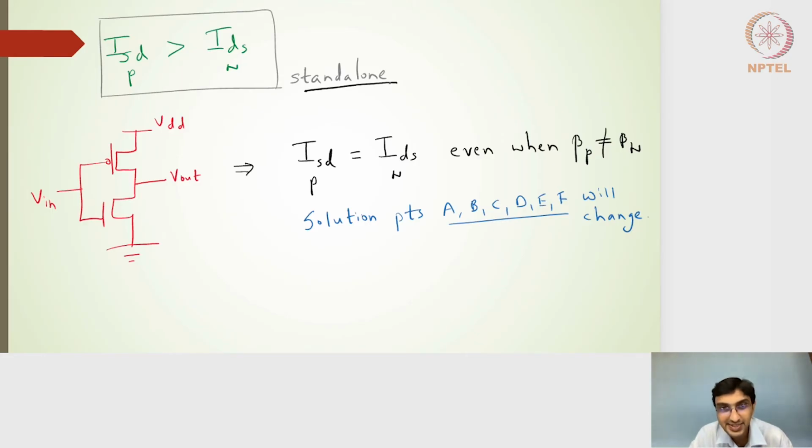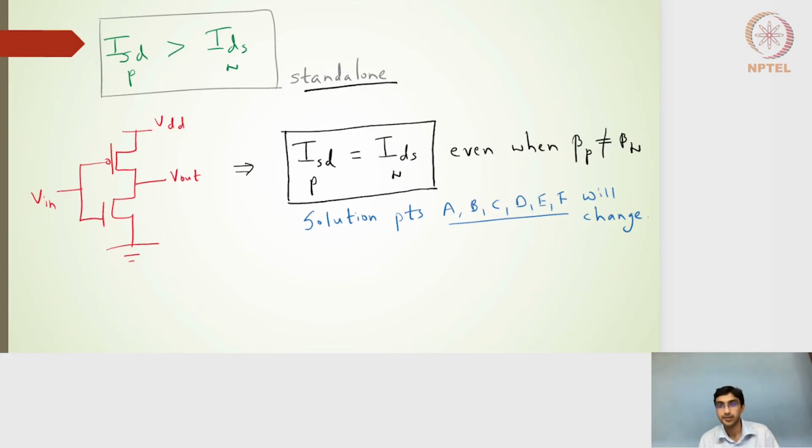But when they are connected in series to form the inverter, we have to satisfy Kirchhoff's current law. So the currents being the same has to be satisfied, even when the betas are different. So standalone, the currents will be different, but when they are put together in an inverter, the currents will be equal. And we will get, very similar to what we had seen in the last lecture, the intersection points.